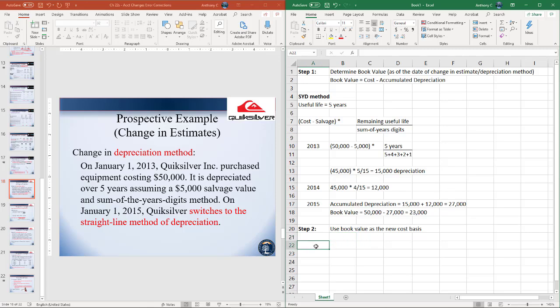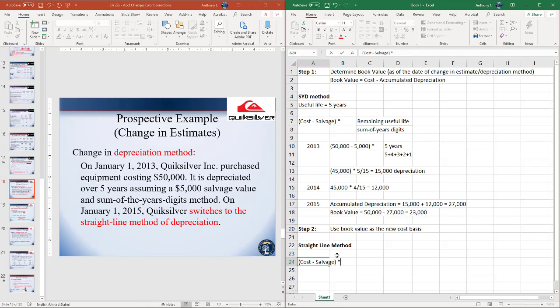Okay, so to see what I mean by that, in 2015, we're switching to the straight line method of depreciation. So under the straight line method, our depreciable base will again be cost minus salvage.